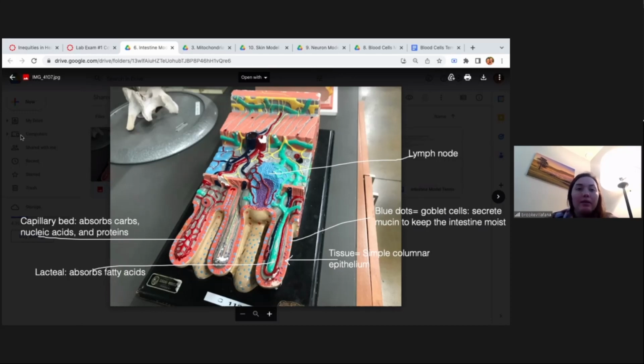And then the microvilli are the hair-like structures that line the simple columnar. Those have the function to slow food down for absorption.